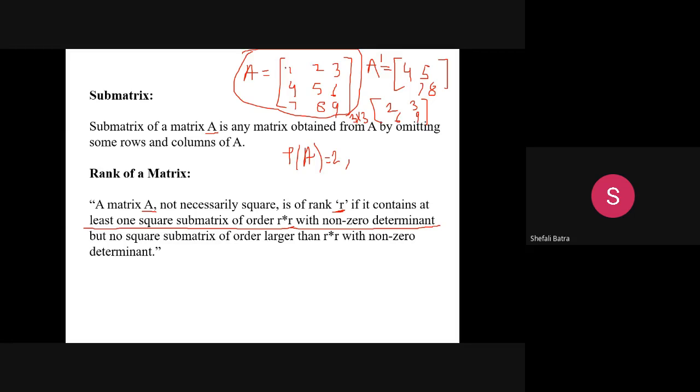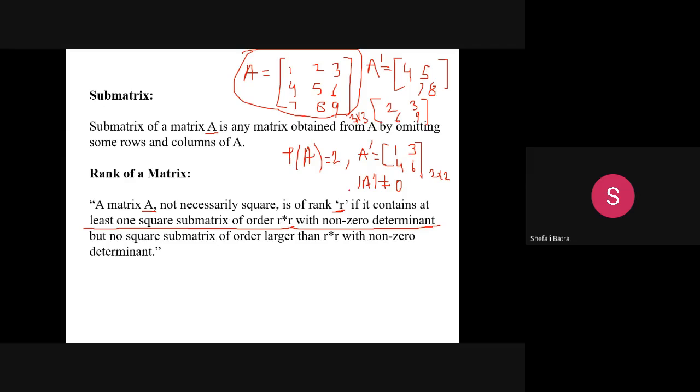It means this matrix contains a square submatrix of this order, 2 cross 2. It means there must be one matrix of order 2 cross 2 whose determinant, let us say I am representing it with A dash, determinant of A dash is not equal to 0.